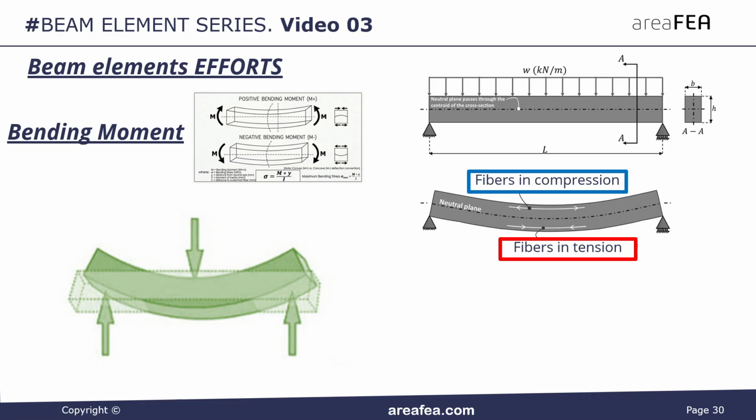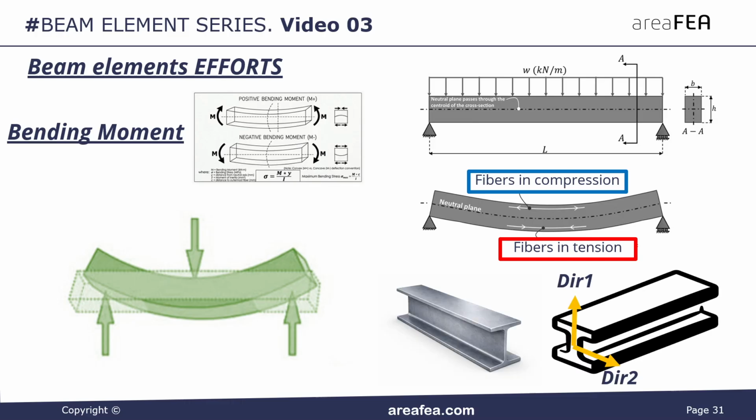If you remember, in university we used to calculate the bending moment diagram to find the critical cross-section, the one with the highest bending moment value. That's where the beam is most likely to fail in bending. And as with shear efforts, we will also have two directions to check the bending values in our beams. Let's take a look at the simulation.